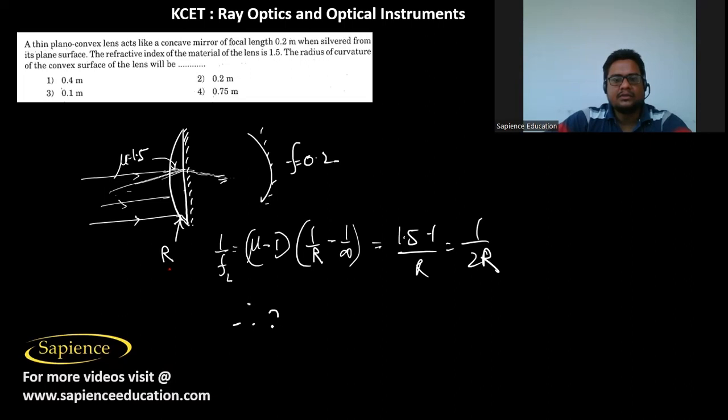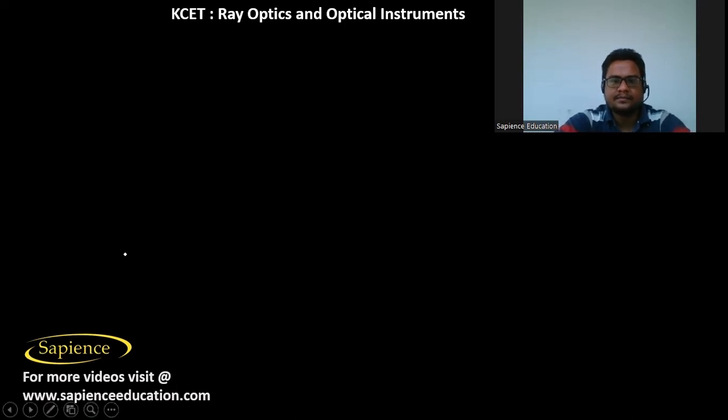So therefore, 2r is equal to the equivalent focal length, 0.2 meter. So it means the radius of curvature of the lens will be 0.1 meter. It means that option 3 is the correct answer.